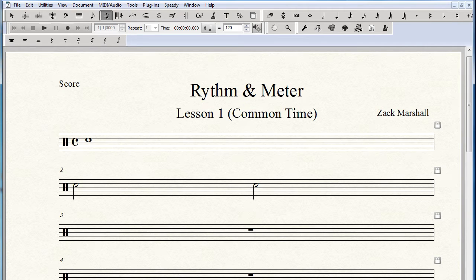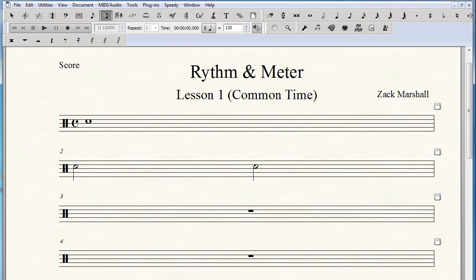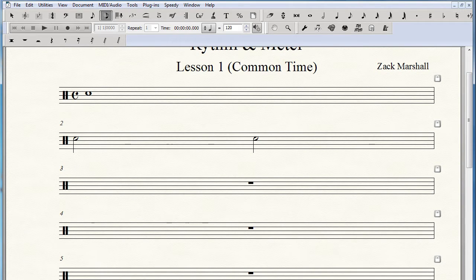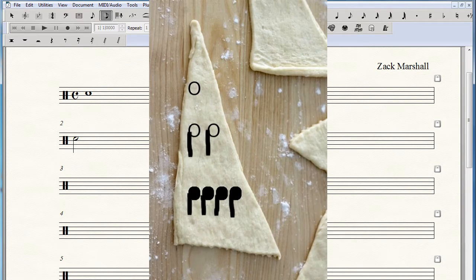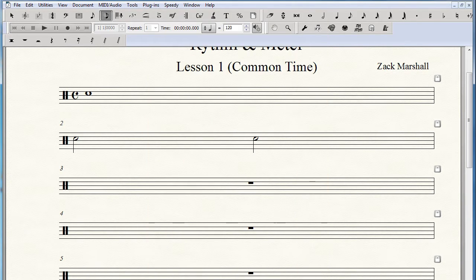You always begin on the left-hand side because we read music from left to right, and so it looks more like those croissants before you roll them up that come down a straight line and then go over off to the edge, or like a jagged slice of pizza maybe. But it's not an exact perfect triangle if we're applying it in a musical context like this. So obviously we've got two half notes.